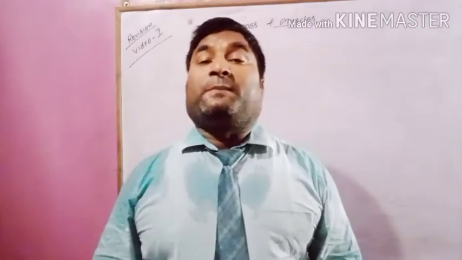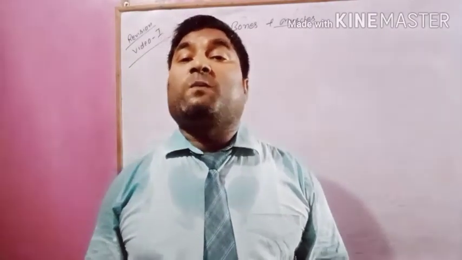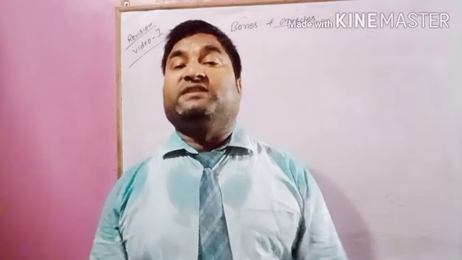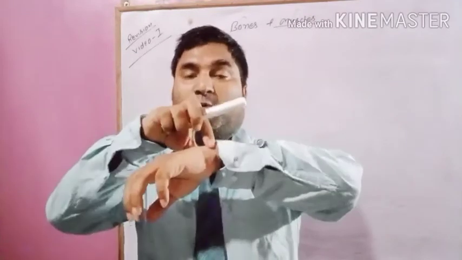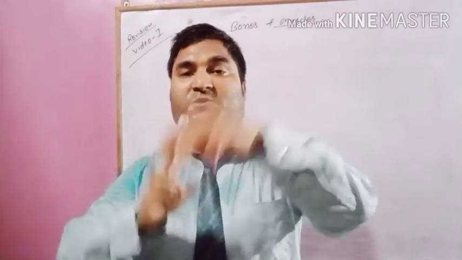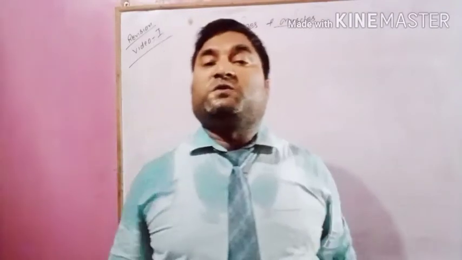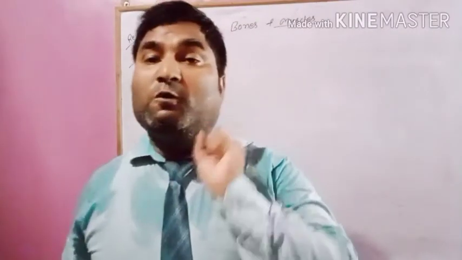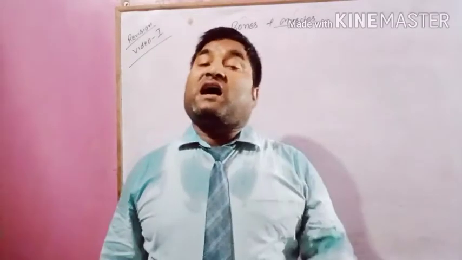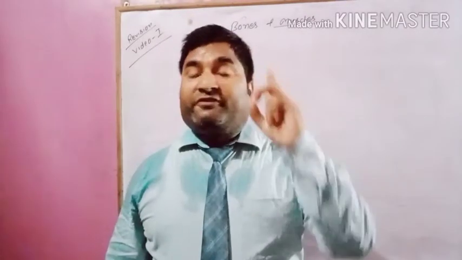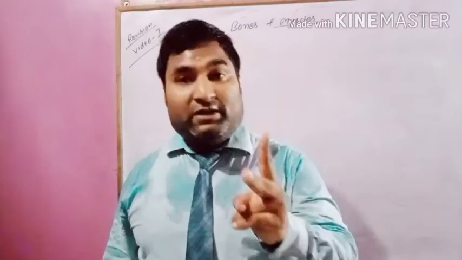Joints. The place where two or more bones meet is called a joint. This is a bone, this is a bone, and these both are meeting here, so this is a joint. Joints are of two types: fixed joint and movable joint.